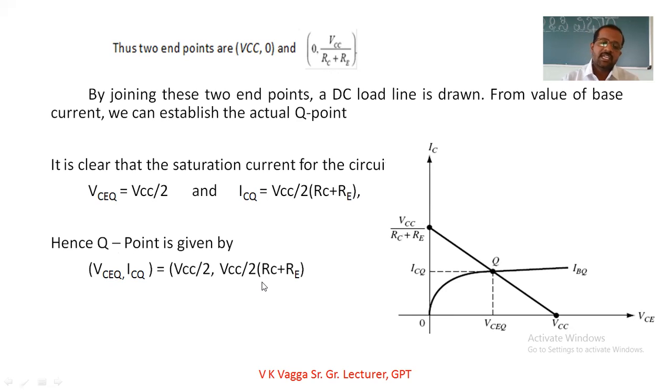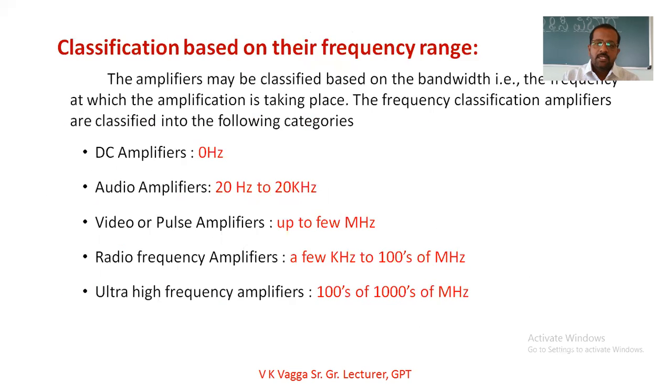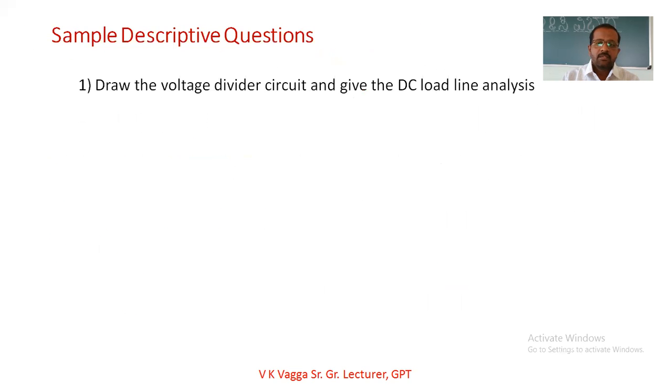This indicates the Q point for a voltage divider bias circuit. Understood? In the possible question, he may ask you to draw the voltage divider bias circuit and give the DC load analysis, so you should do the analysis using Kirchhoff voltage law.